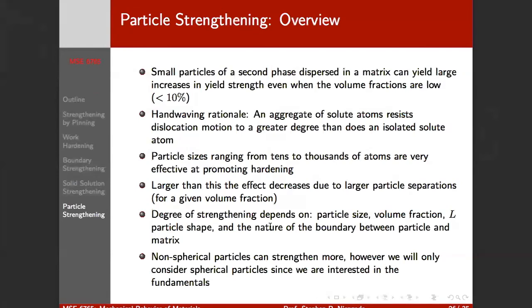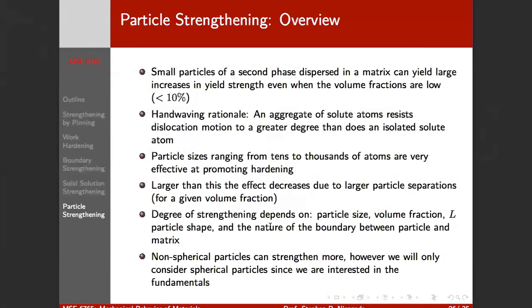So ideally we want a very fine dispersion of secondary phase particles, so that we're going to have very tortuous paths, right? If we have widely separated obstacles, our effective spacing becomes too large, and we're easy to get around.